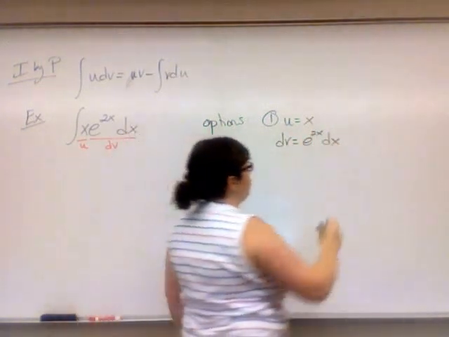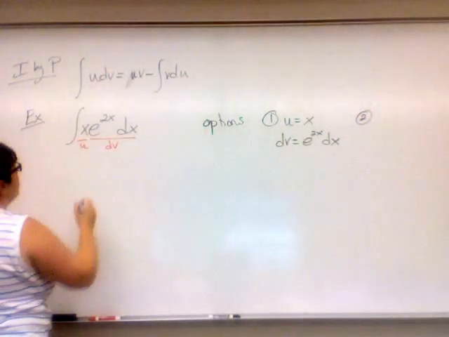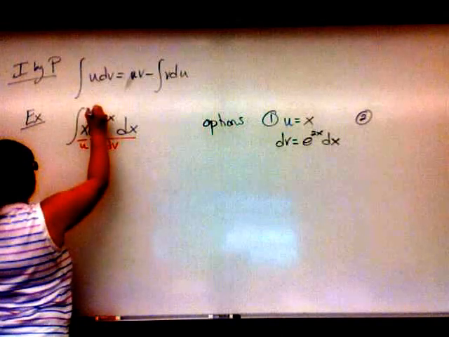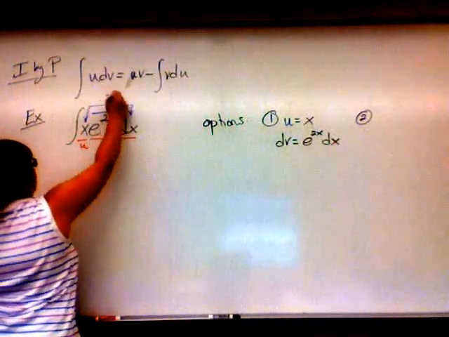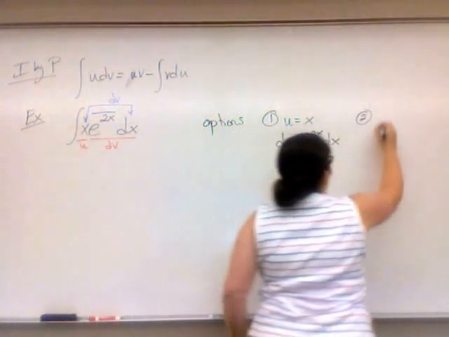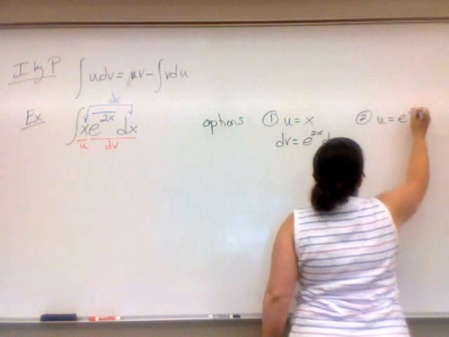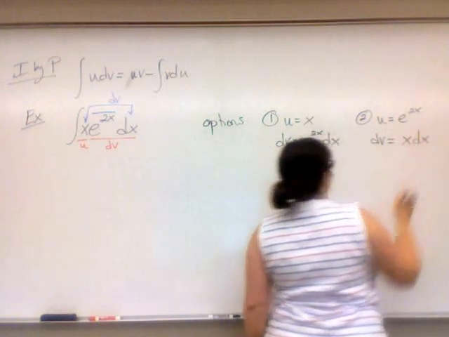Or we could have option 2. Option 2 would say that e to the 2x could be u, and this other stuff here could be dv. So that would say u is e to the 2x, and dv is equal to x dx.